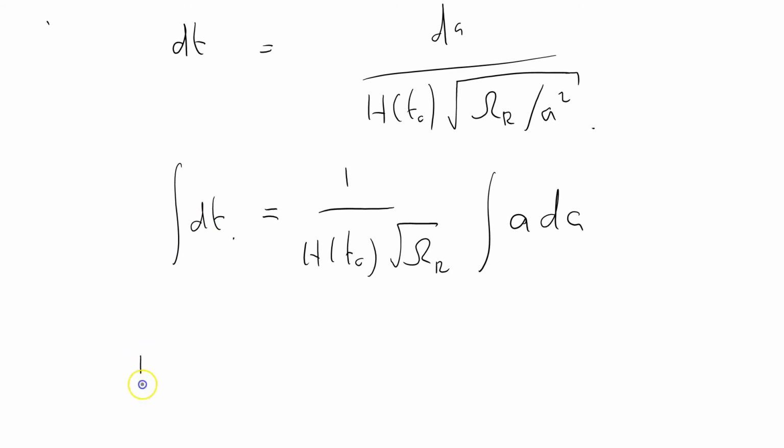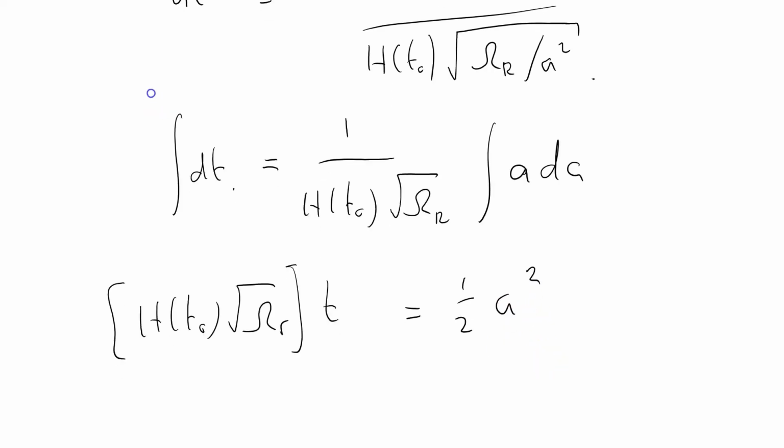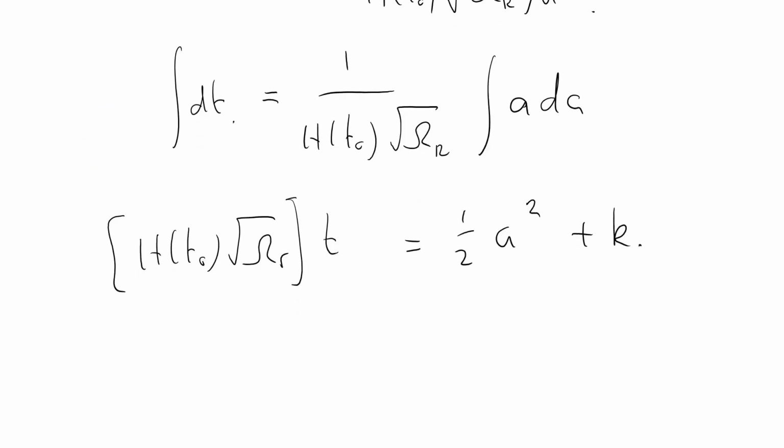So taking this up on the other side, H(t0) root Ω_r times t equals a half A squared plus a constant. And of course we're going to set that constant equal to 0, I guess.